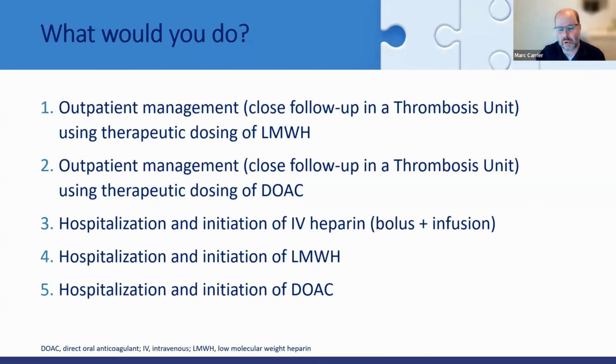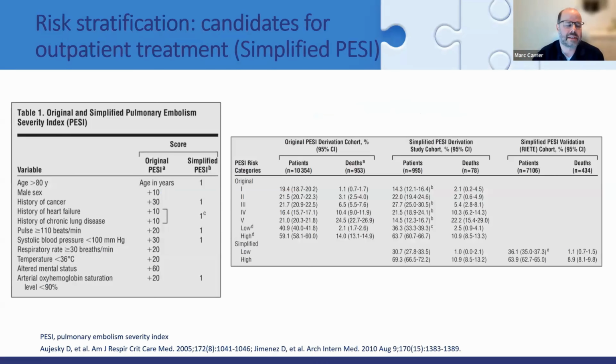Excellent. I just wanted to highlight that this patient seems to have a big clot burden. When you actually use the different tools we sometimes use to make a decision about hospitalization, they have pros and cons, but often we use the PESI or the simplified PESI. The patient doesn't have any criteria for it.